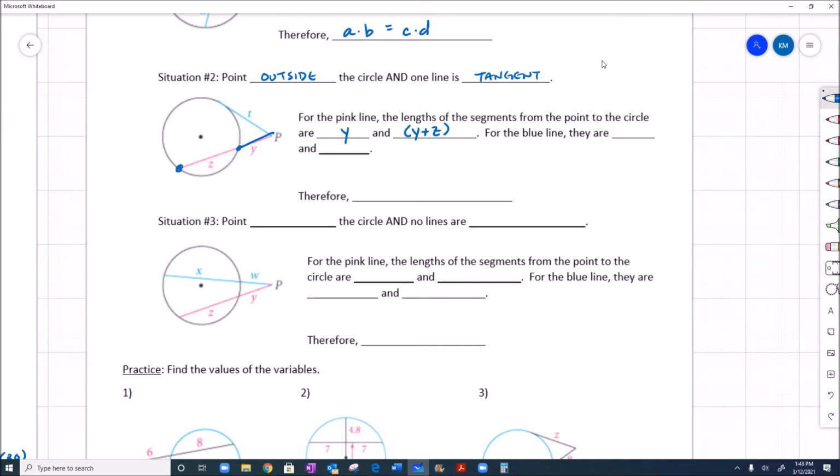From the other point to here, we call that y plus z. Okay, and for the blue line, it's just t and t. And so therefore we could say t times t, that's t squared, equals y times y plus z. Just write it like that for right now.